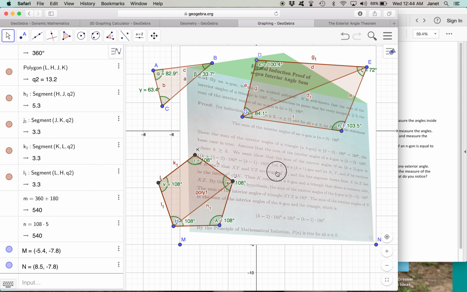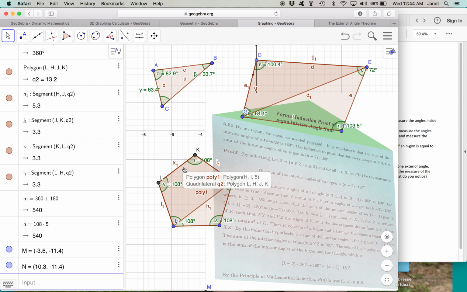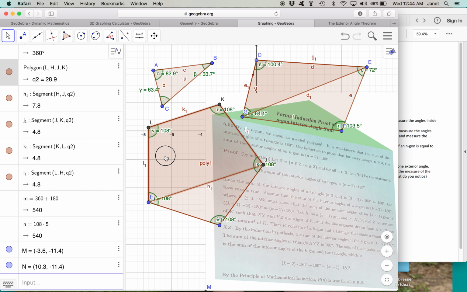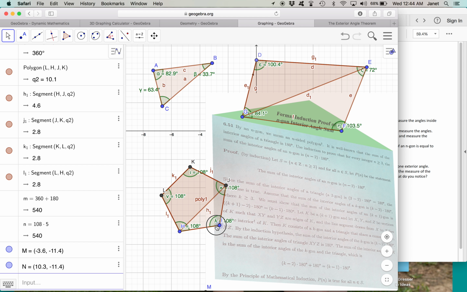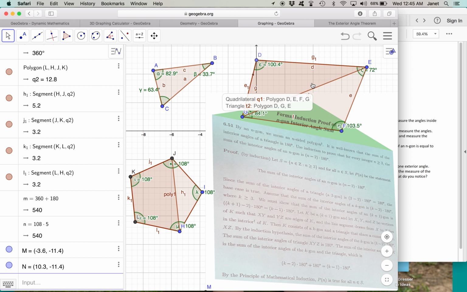Now, this is my formal proof. Let's move this out of the way. There you go. So the formal induction proof of an n-gon interior angle sum. Here it is, right here.